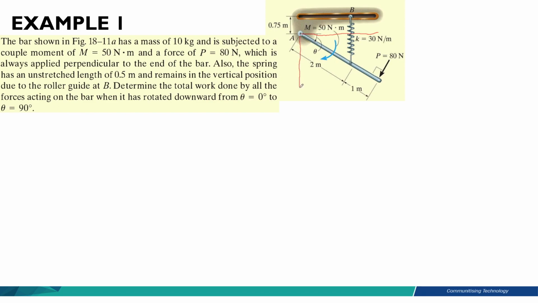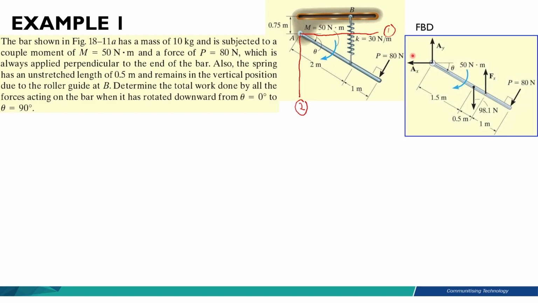So this will be position number 1, this will be position number 2 of the bar. So we're going to calculate the work done on this bar that has this motion.